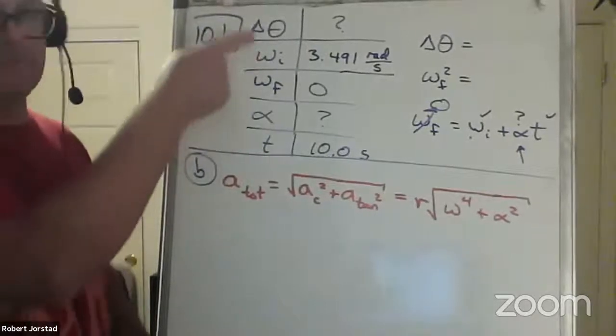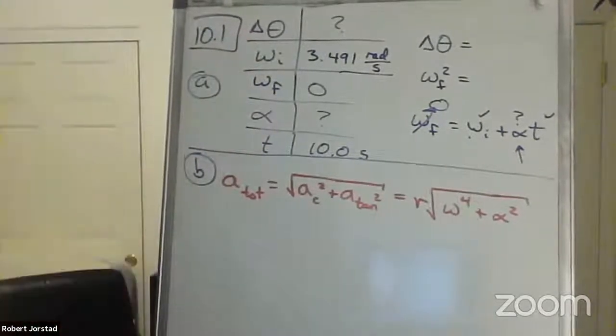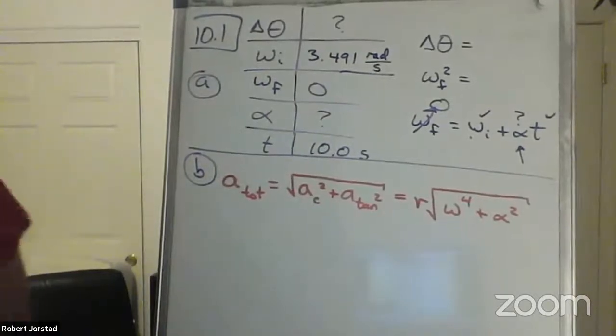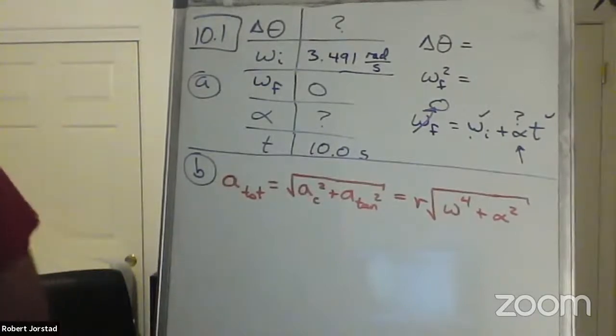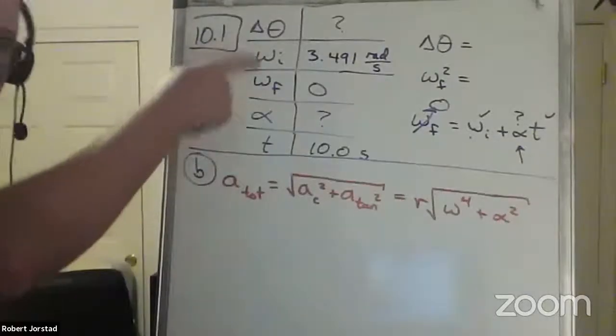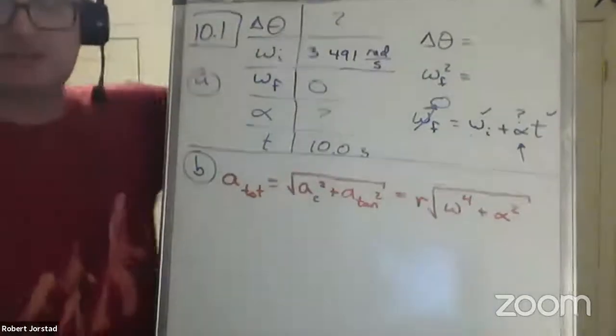Now, which omega do I grab for part B? The one converted to radians per second? Nope. Neither one of these. Read the question carefully.